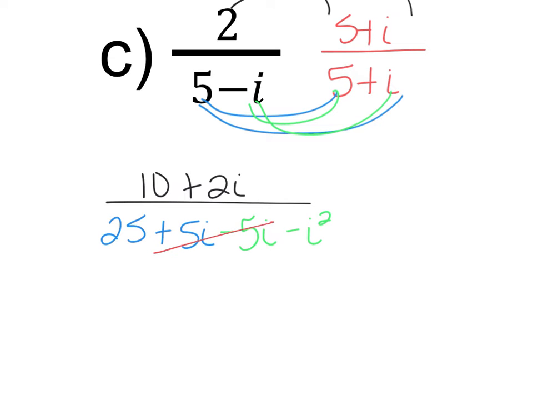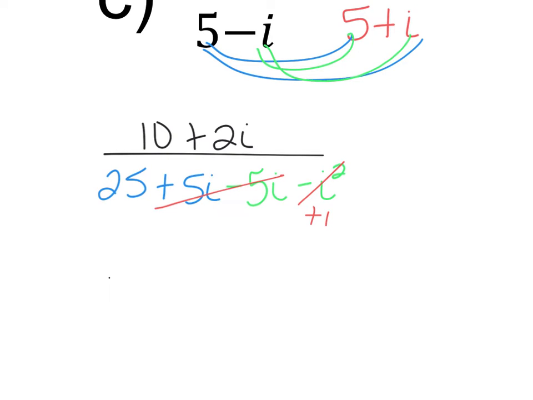Okay, let's clean it up. That cancels. Negative i squared is like negative times negative 1, which becomes positive 1. So then I would have 10 plus 2i on top, because I can't combine those. And then what would that be, 26 on the bottom? Okay, let's check it.